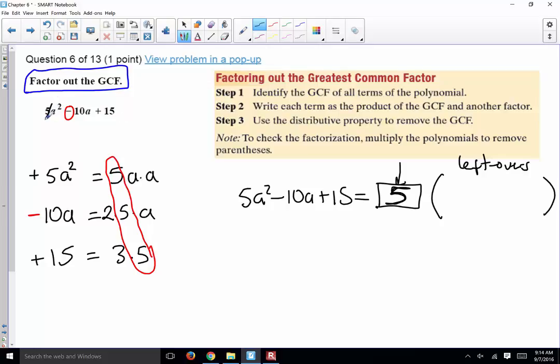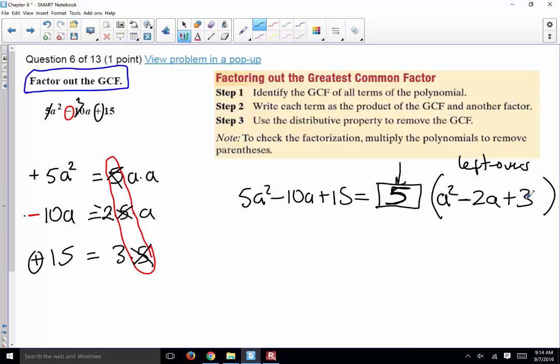If I take 5 away from 5a squared, what is left? If I remove 5 from 10, what is left? 2. It's 2a, but it's negative. There is a negative 2a. And when I remove 5 from 15, what is left? 3. Since that's a positive sign in front, I add 3.